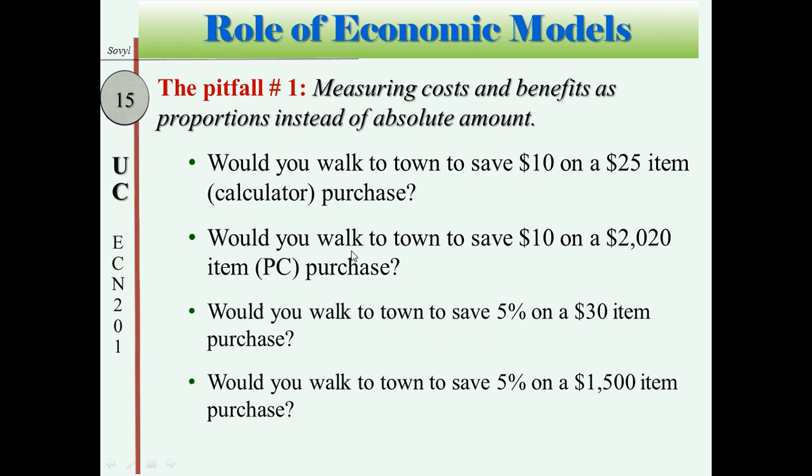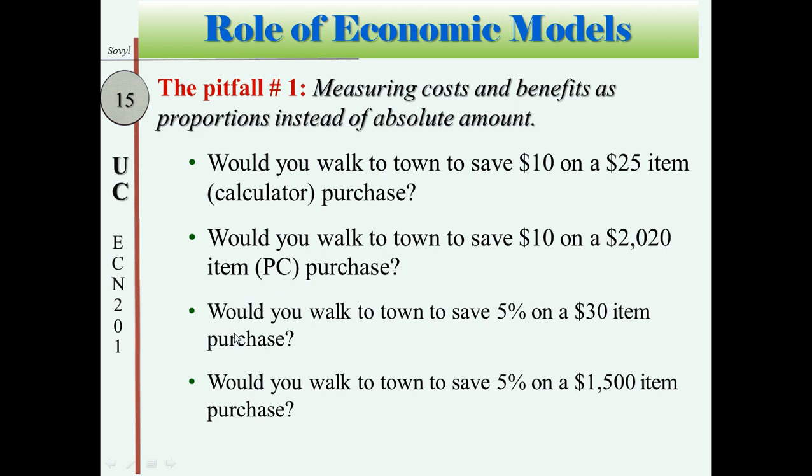Okay, so which one did you take? How many of you will go downtown to save $10 for the calculator at $25 on campus, or go downtown to save $10 for the computer selling on campus at $2020? Save means selling outside campus or downtown may be $10 cheaper compared to here. This is the same case but with 2 conditions. Which one do you choose, the first or second?